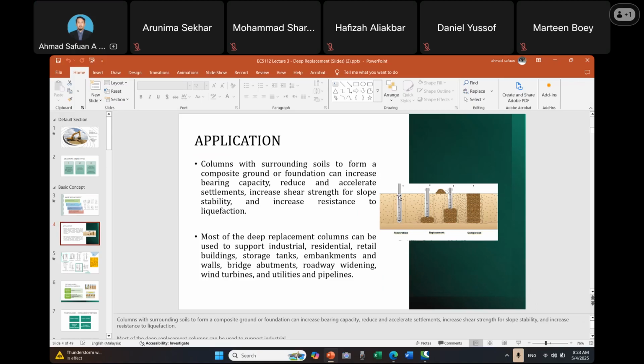This is the sequence of the installation. First, they penetrate to the desired depth.